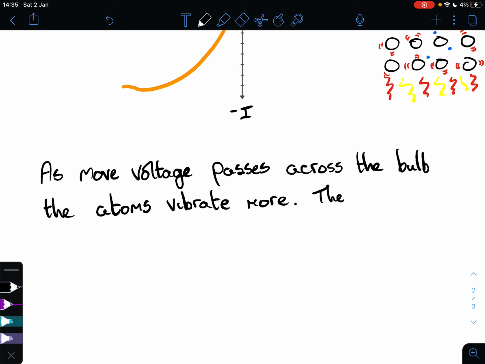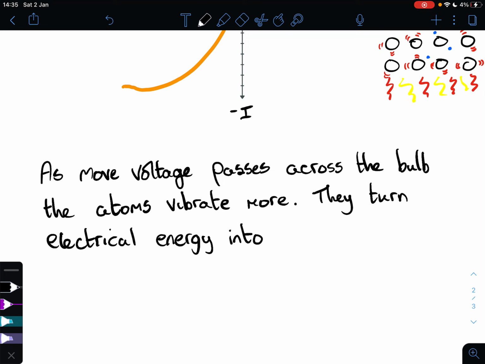They turn electrical energy into light and heat.